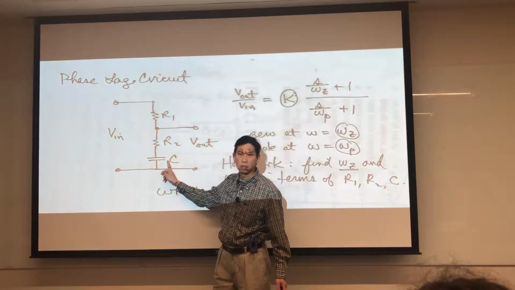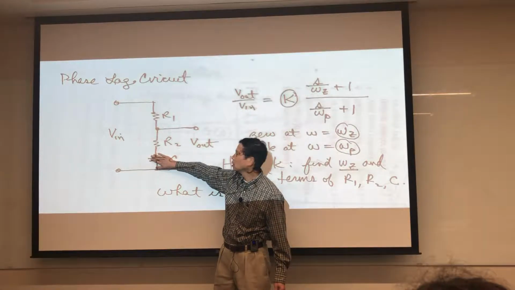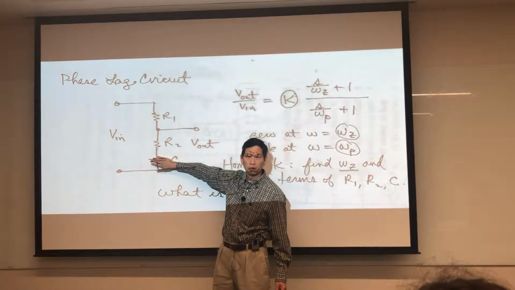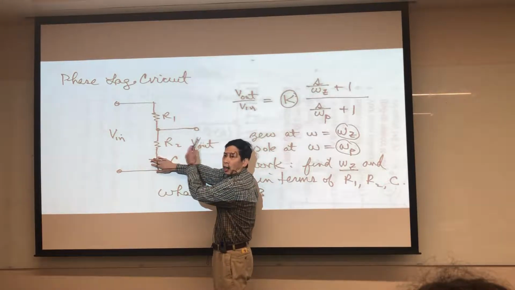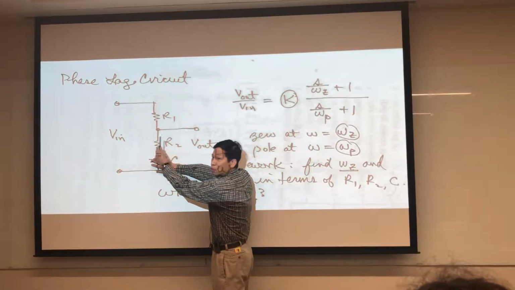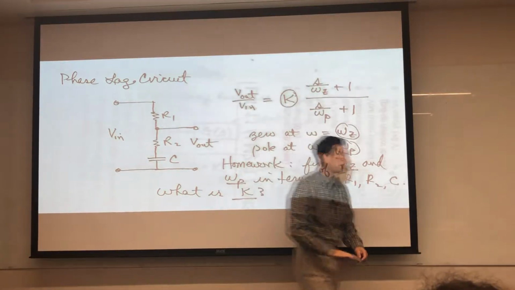Now at high frequencies, what is this? It's a short. So if it's a short, what does that look like? A voltage divider. And what do we know about a voltage divider? The output is bigger or smaller than this? Smaller. So that's what we have here.